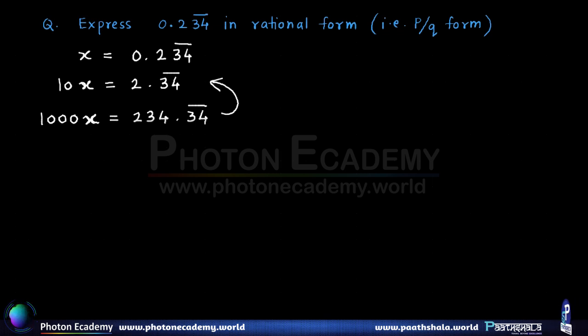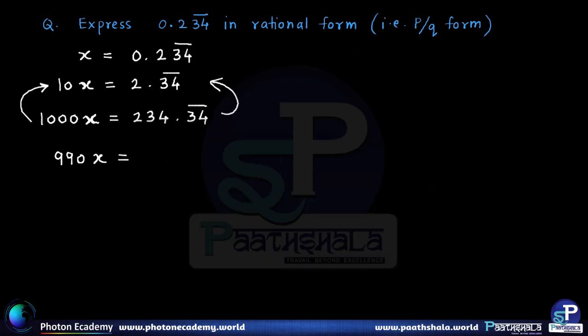So we will get 1000 minus 10 is nothing but 990x is equal to, on the right hand side the decimal part will get cancelled and 234 minus 2 gives us 232. So hence finally x can be written as 232 divided by 990.